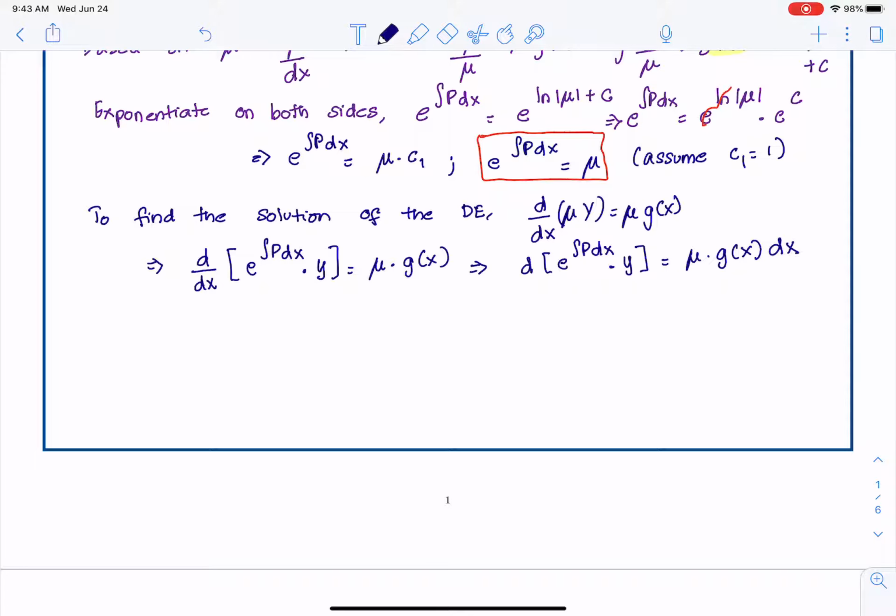If I integrate on both sides, e raised integral p dx will be a function of x because we are integrating with respect to x. So it is simply going to be some function of x. So I can pull that e raised integral p dx outside and write it this way, and integrate on both sides.